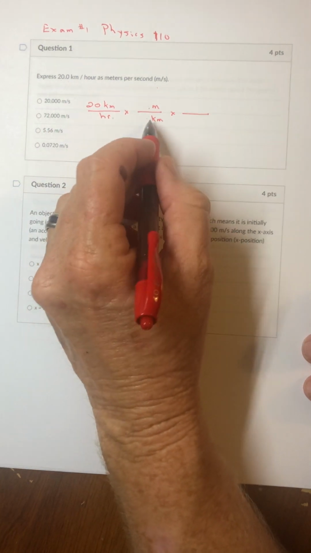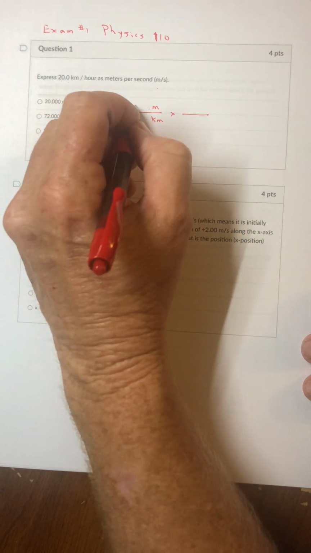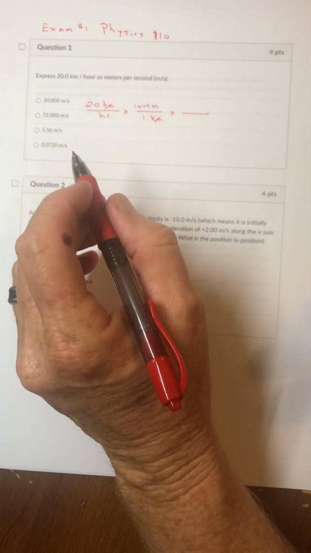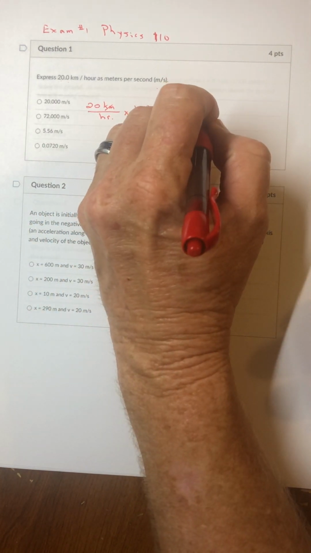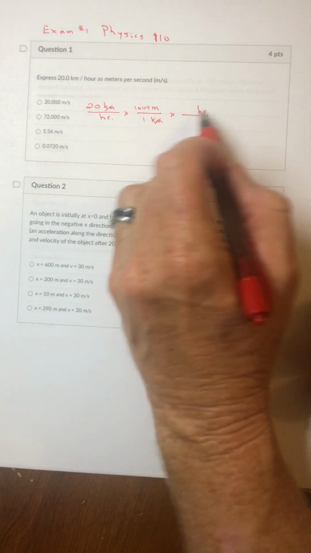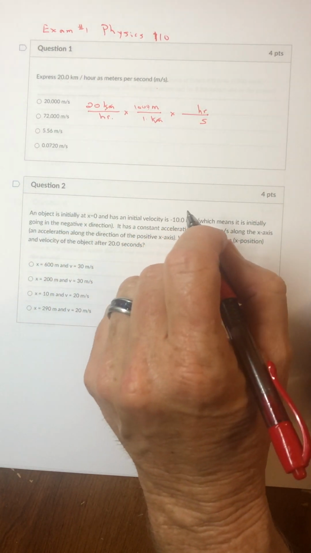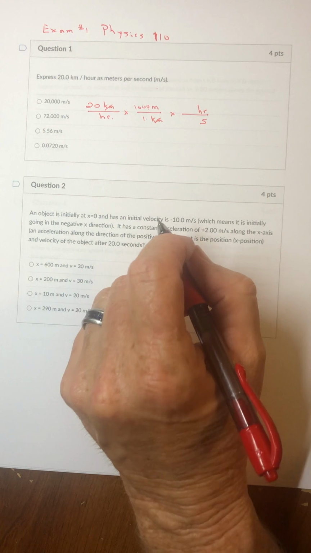Now we just have to make sure top and bottom are the same, and so 1,000 meters equals 1 kilometer. You can see that that's quickly going to change kilometers into meters. Now we still have the hour issue, but the same idea. We'd want to put hour in the top to cancel off and end up with a second in the bottom. Again, this is our unit conversion.